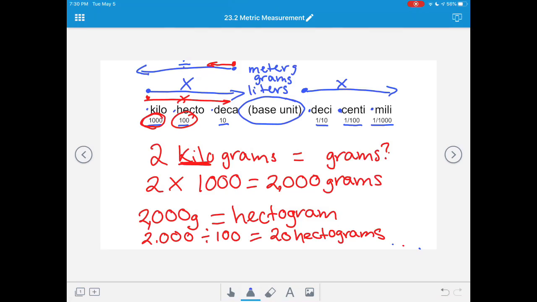If I am at one of these smaller units and I'm trying to get to the base unit, I'm going to divide. Now, when I multiply, I'm going to multiply by 10, 100, or 1,000. And when I divide, I'll do the same by 10, 100, or 1,000.